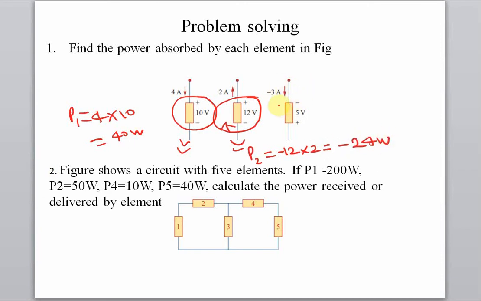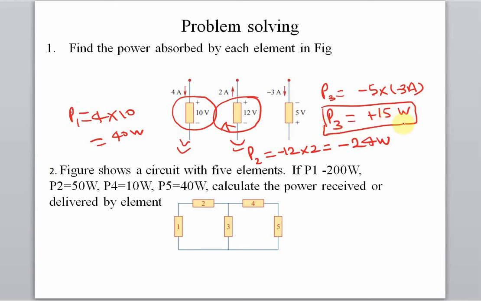And by seeing this one, current is entering the negative terminal of voltage, so we can write P3 equals minus 5 volt and minus 3 ampere, which equals 15 watt. We can say it is absorbing power, as we have negative current entering the negative terminal of voltage.